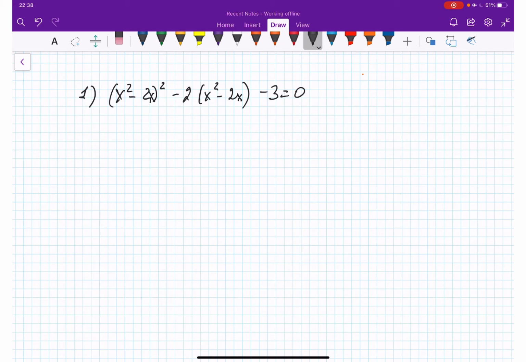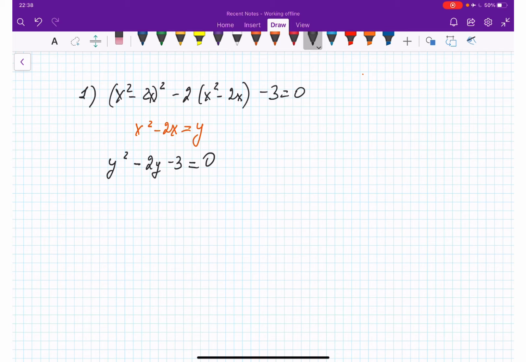All right, so we are going to substitute x squared minus 2x with y, from where we are going to end up with y squared minus 2y minus 3 equals 0.